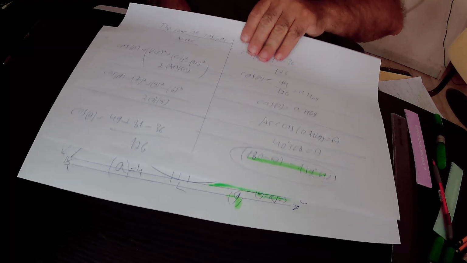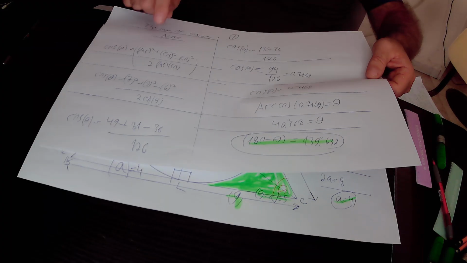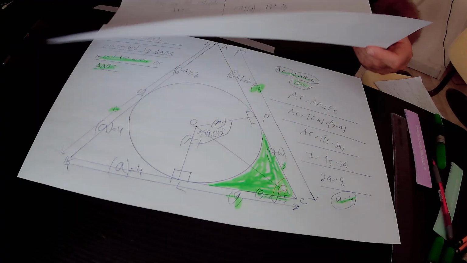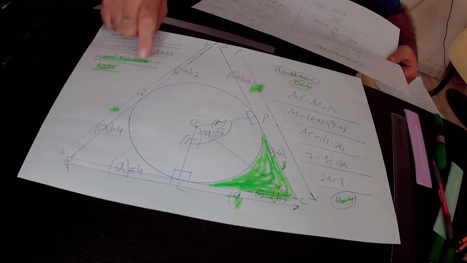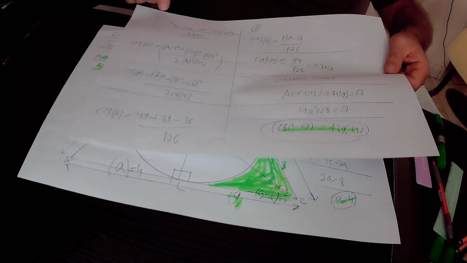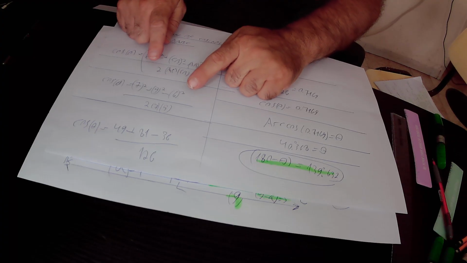So cosine theta equals AC squared. AC is 7, therefore AC squared is 7 squared, plus BC squared. BC is 9, therefore BC squared is 9 squared, minus AB squared. AB is 6, therefore AB squared is 6 squared, over 2 times AC, that is 7, times CB, that is 9.